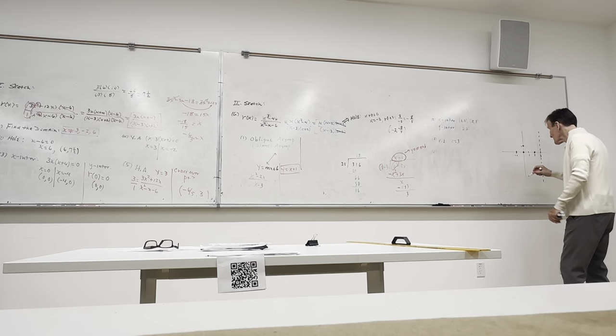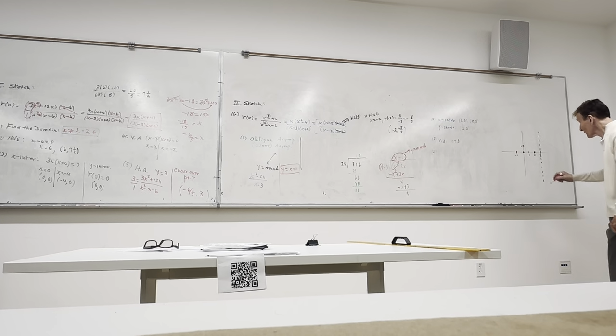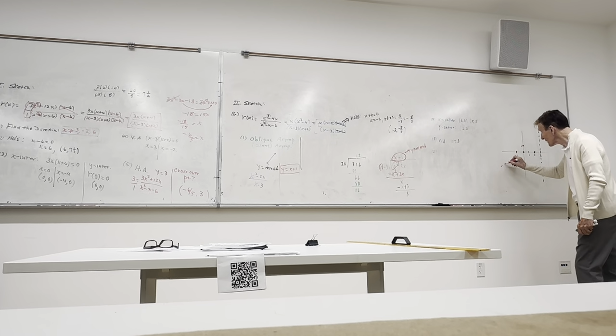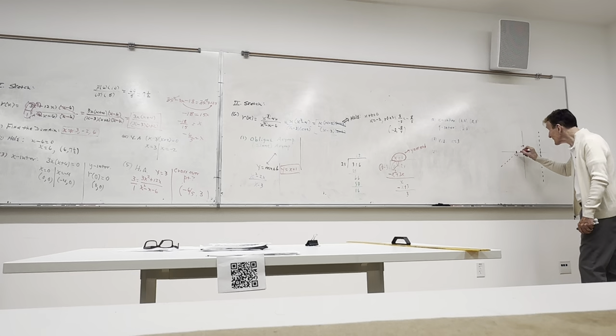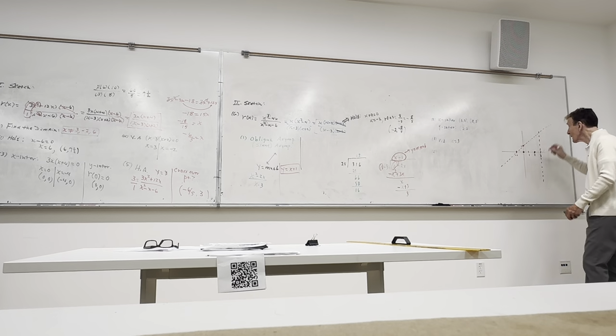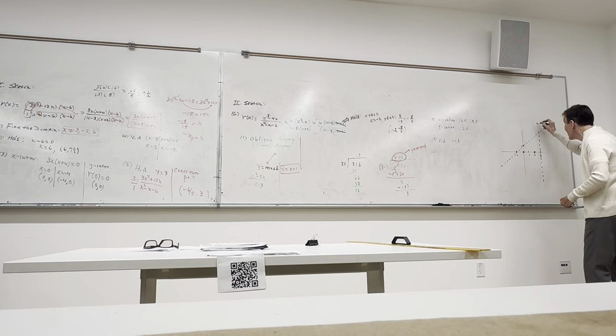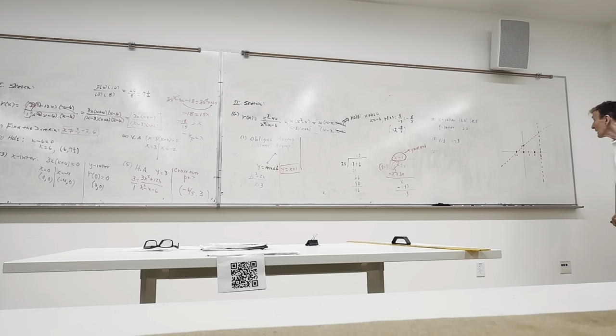I did mine by intercept. You guys could do yours by slope-intercept form. You guys can do it free-handed. It's going to be a line that looks like this. That's my oblique asymptote.